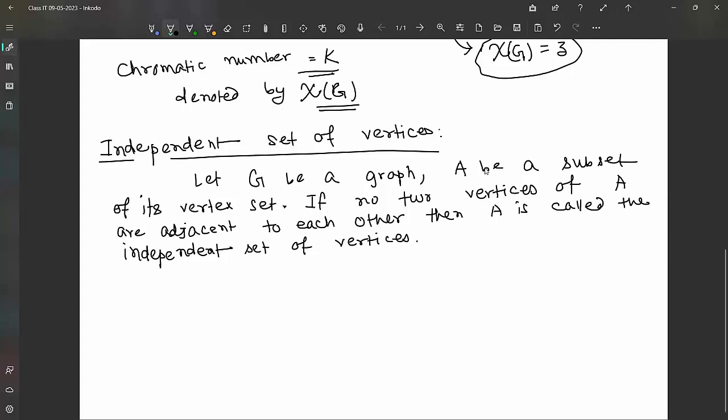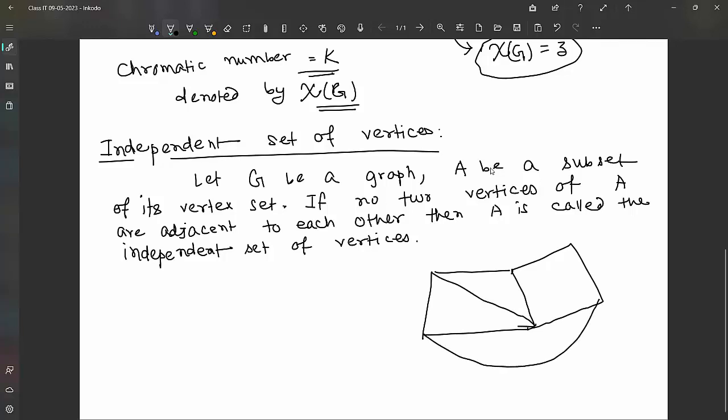That means, just take one graph here, and suppose the vertices are denoted by A, B, C, D, E, and F. So, is there anyone who can state some independent set of vertices here? We note some independent sets of vertices.